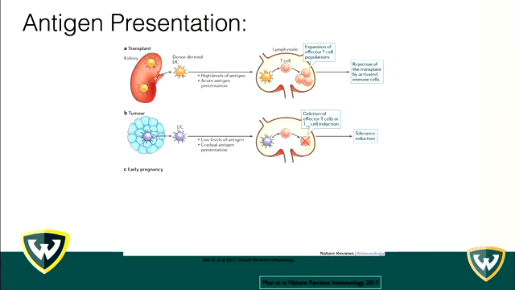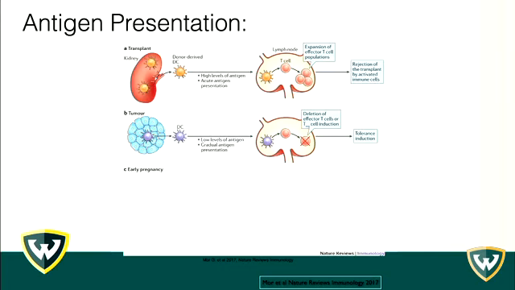In graft-host immunology, if we take a kidney and put it in a host, in the moment that we implant that organ, there will be a massive release of antigen because this is a big organ. And in addition, there are immune cells, especially dendritic cells, within that organ, and they will migrate into the host.